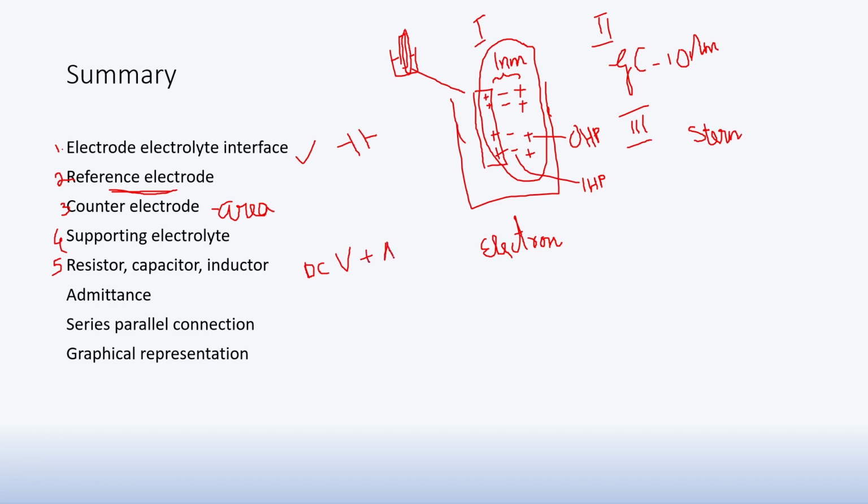In order to measure the AC voltage, the resistor will only allow the DC source to pass through. What allows the AC to pass through is the capacitor and inductor. So whatever impedance we get, we represent it as a combination of resistor, capacitor and inductor.